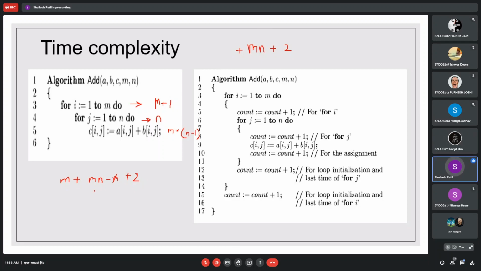Okay, so in that case we have to remove the constant number, and focus on the dominant term.